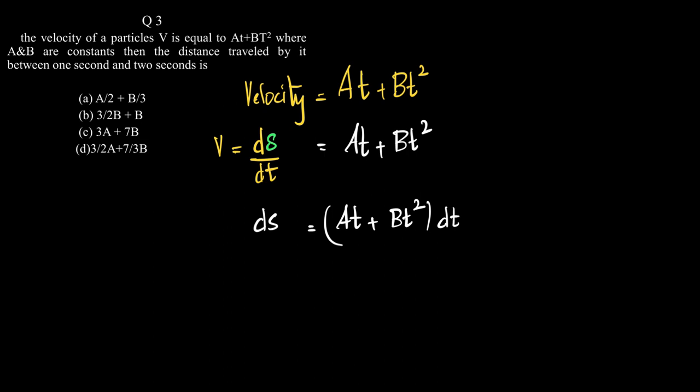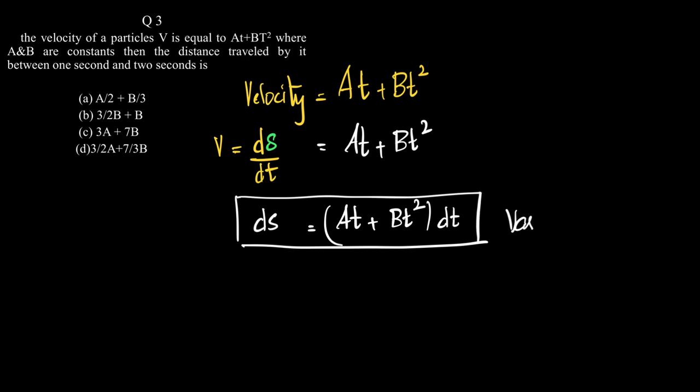Now, this is in the variable separable form. This equation is in the variable separable form. And what is the benefit when the equation is in the variable separable form?